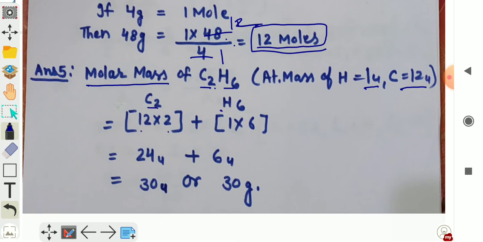And how many atoms are of hydrogen? 6. So 1 multiplied by 6. 12 2s are 24 and 1 6 is 6 U. So it will come 24 plus 6, 30 U or 30 gram. 30 gram is the molar mass of C2H2.